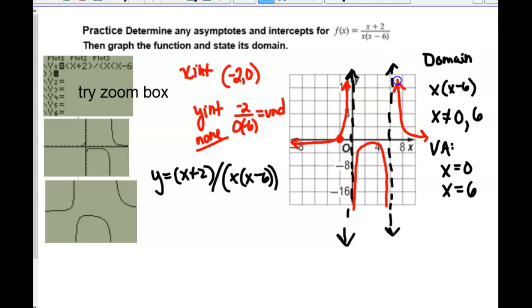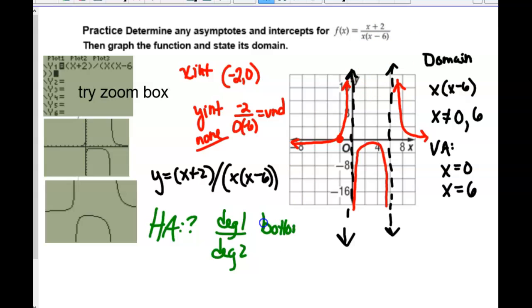Okay, here's my question. What is bothering you about this graph? It's bothering me that this crossed. Okay, the horizontal asymptote. Does this have one? What is the degree of the top and the degree of the bottom? Degree 1 over degree 2, because it had an x squared if we multiplied it together, makes it bottom heavy.